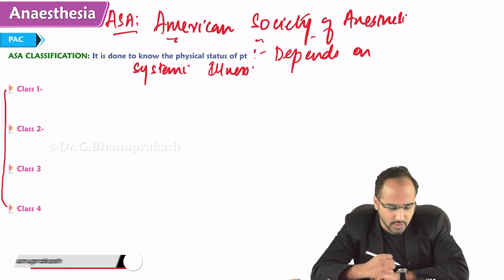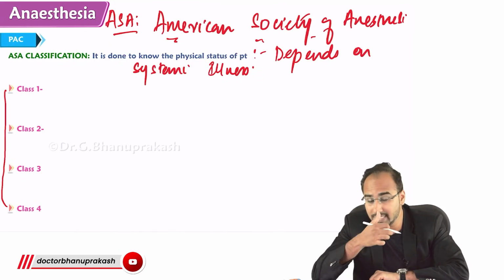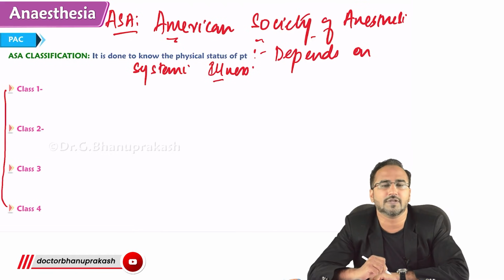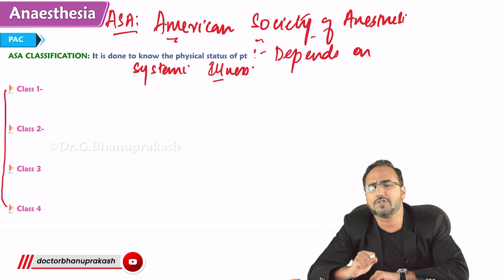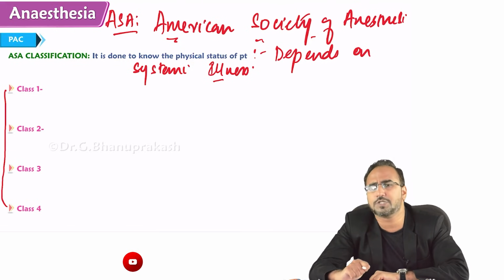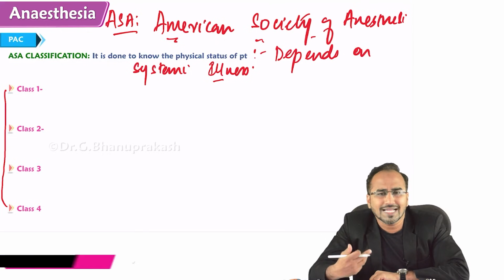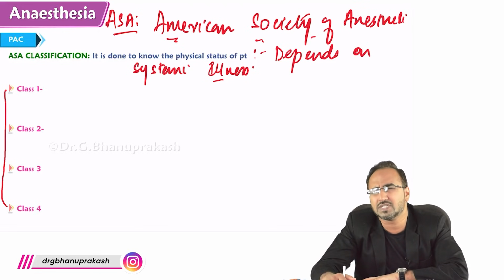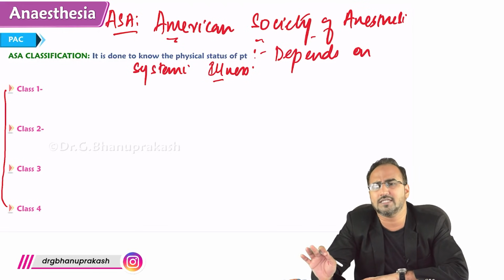Okay? So anyways, let's look over here. The first 4 classes. Basically, I told you ASA depends on what? The systemic illness the patient is suffering with. So imagine there is a 20-year-old female who comes to your clinic, posted for some surgery. You ask the patient, are you suffering with diabetes? Are you suffering with hypertension? The patient says, no sir, I do not have any underlying disease.